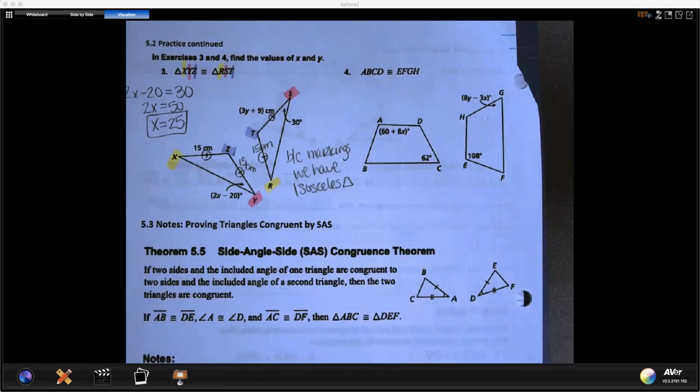Okay, so therefore, what would I do to solve for y, since we know that now? How do we solve for y now that we know that?